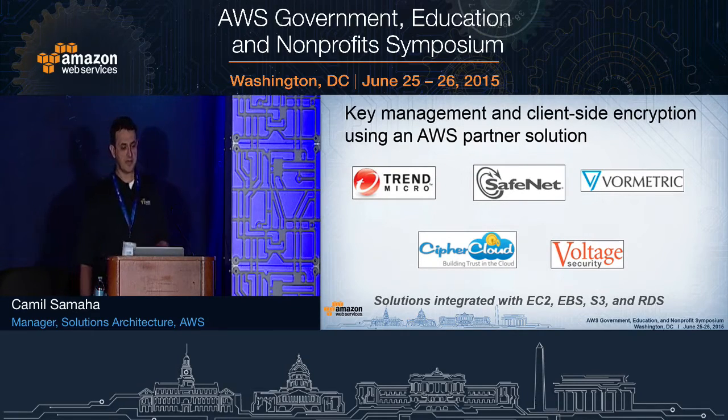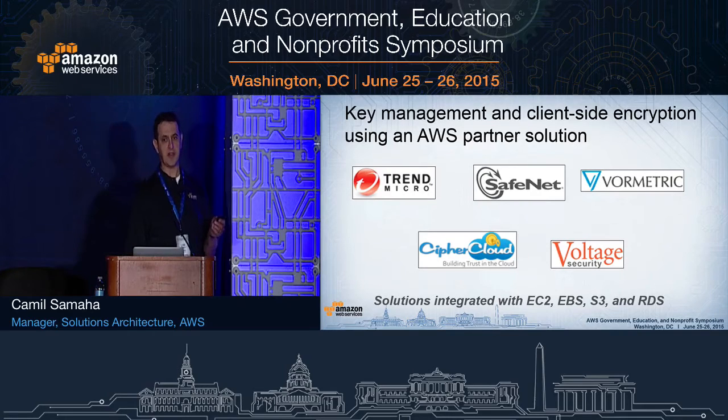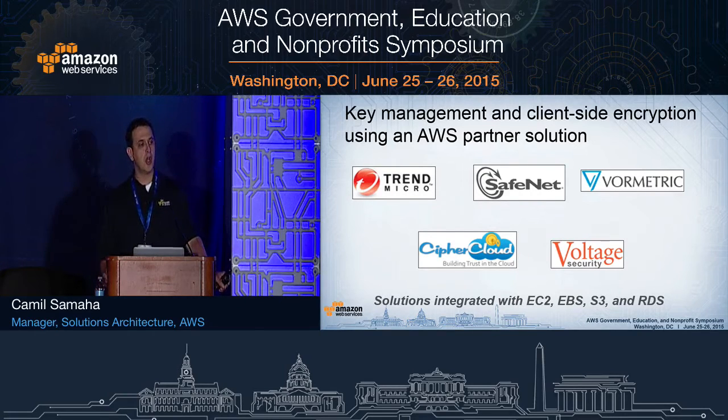And they all have something in common, that they give you full control of who has access to the encryption keys. And several of them also give you the option of storing your master keys either on-prem in your data centers or through a SaaS offering that the vendor provides.